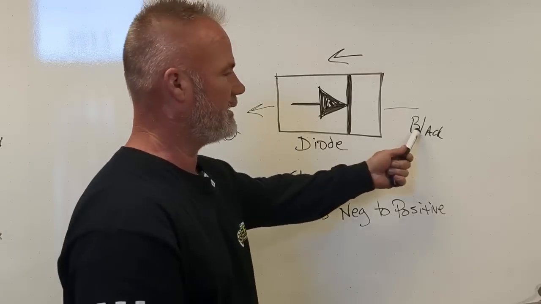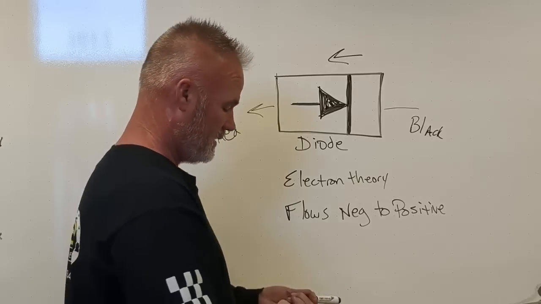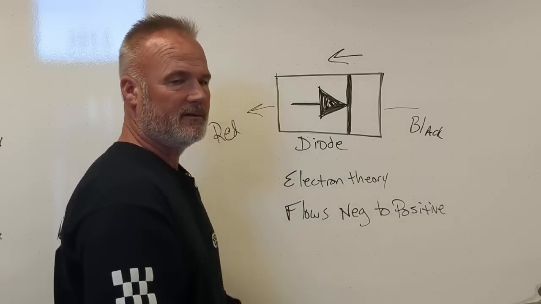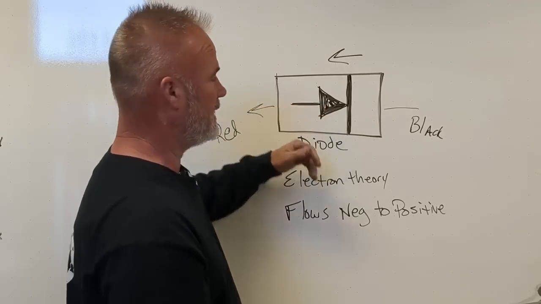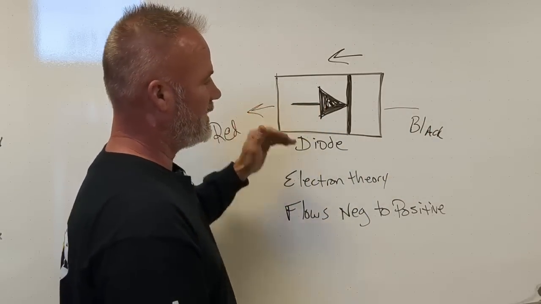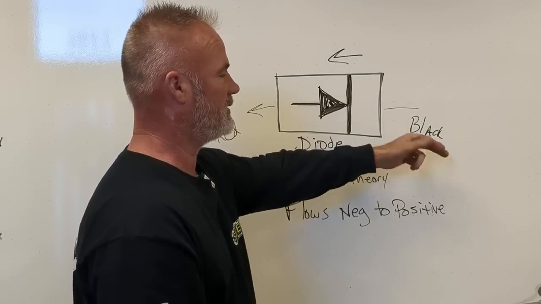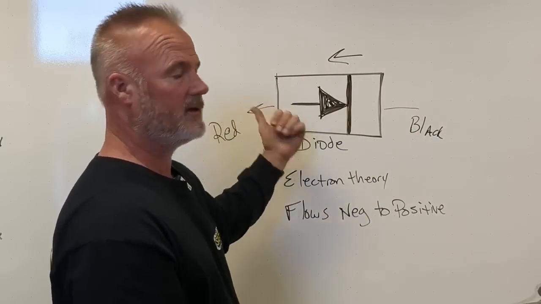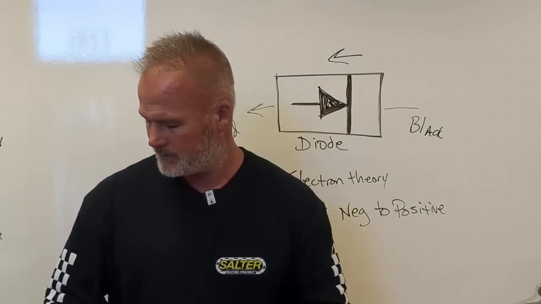If you put the red lead over here, it will be infinity. It will not read. The diode will do its job. Why? Because the diode stops current flow this way, allows current flow this way, and if the electron theory is true, and I believe it is, then the black will be on this side sending it that way to the red.